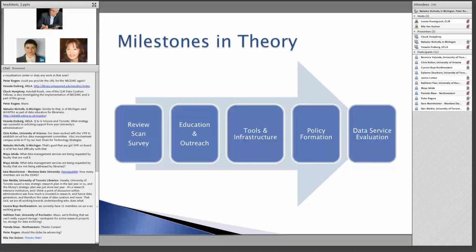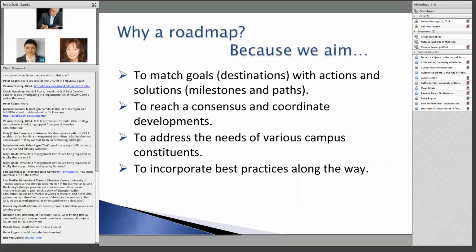Before asking what milestones in practice look like, we would like to summarize the major purposes of building a roadmap very quickly.